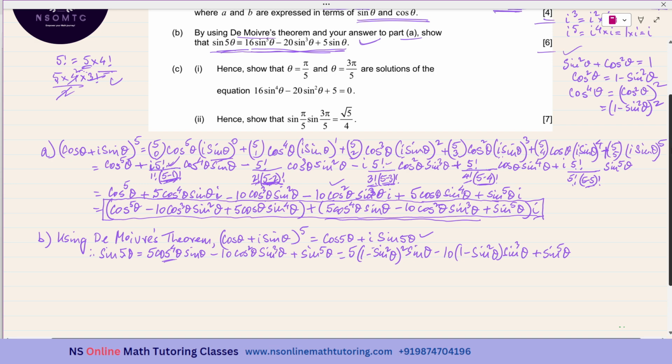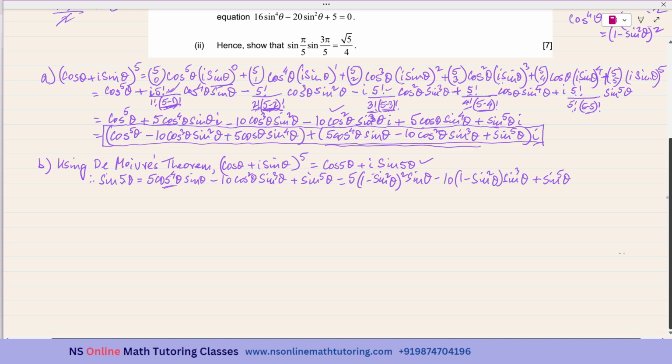Okay, so this is, I'll be expanding this one, 5 times a minus b whole square is equal to a square, that is 1 square, minus 2ab, so minus 2 times 1 times sine square theta, so it is minus 2 sine square theta, and plus b square. So sine square theta whole square is sine to the power of 4 theta. And this is getting multiplied by sine theta.